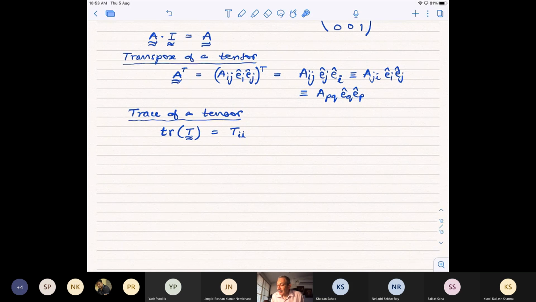So this is actually a summation of i going from 1 to 3. If you expand it into the component form, this is just T11 plus T22 plus T33. Correct? And that is nothing but the sum of the diagonal elements.